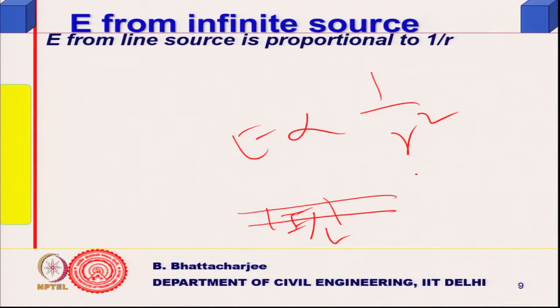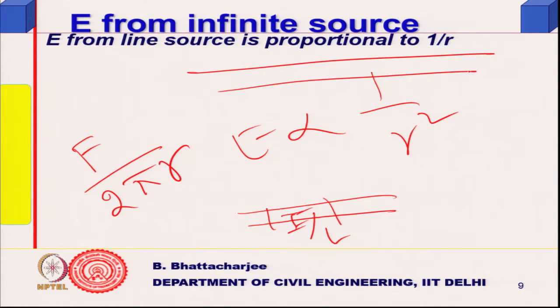If I have a long lamp, and its flux per unit length is known to me, so at any distance r from there, it will be f divided by twice pi r. I have a long source, f per unit length.